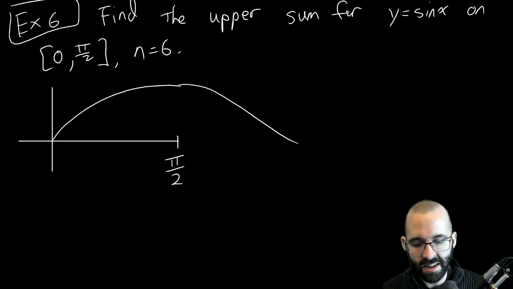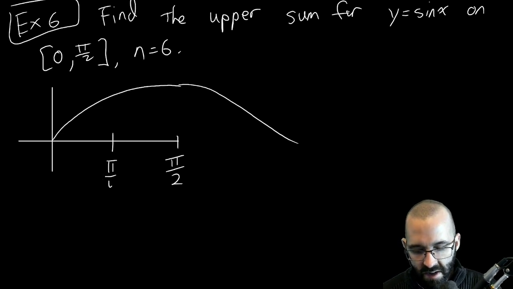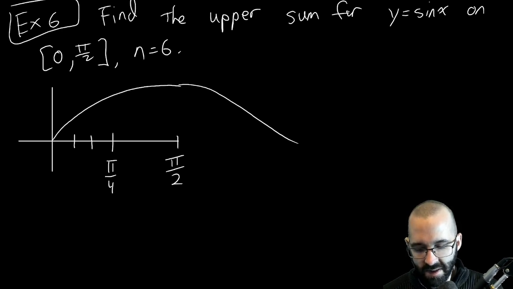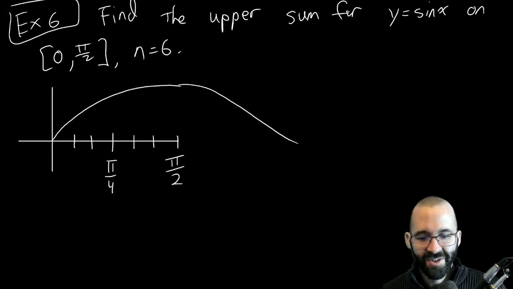We need to divide this into 6 pieces. So we can divide it into half, and then divide each half into thirds. Half of pi over 2 is pi over 4. And then divide that into thirds. Maybe or maybe not can do that.